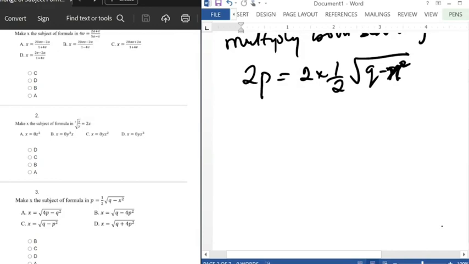So the next thing is, this is 2p, equals, these 2 we cancel this 2, then we have square root q minus x squared.